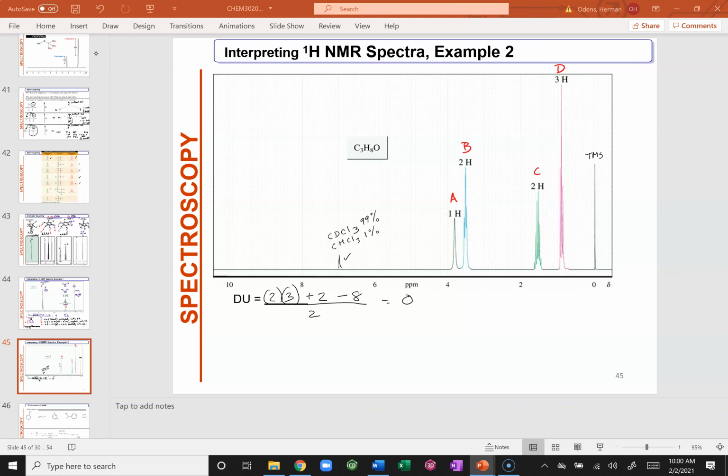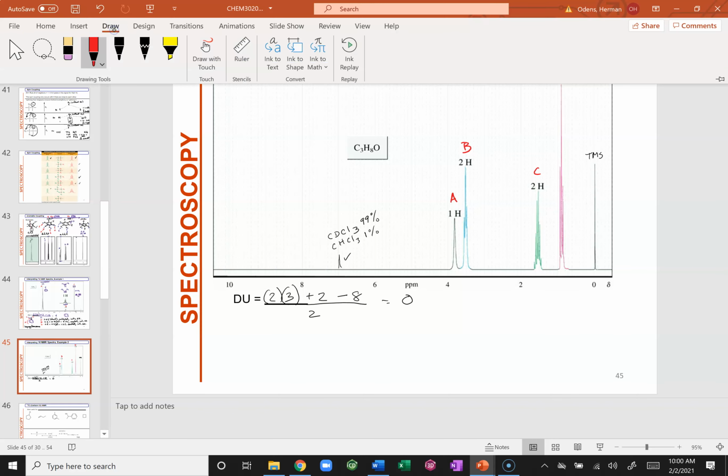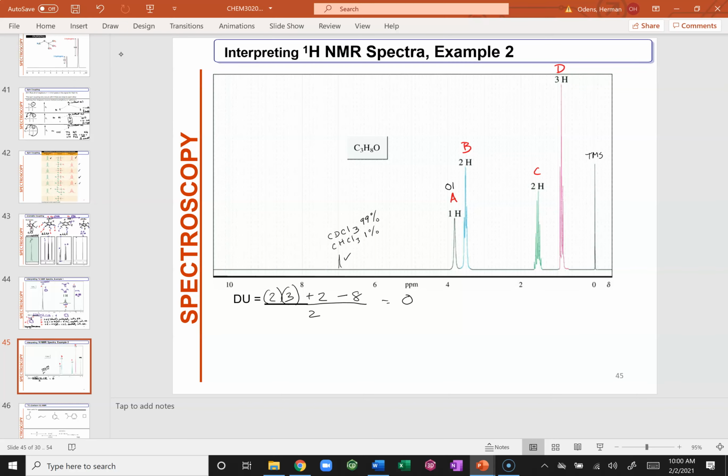I have an oxygen, and I have no unsaturation. That means that oxygen must be what? An alcohol. Exactly right. So with confidence, I can say I have an OH group here that is a broad singlet at around 3.9. So I have an OH group here, and that's my signal of interest. I'm going to block it. I'm going to put it in a box.